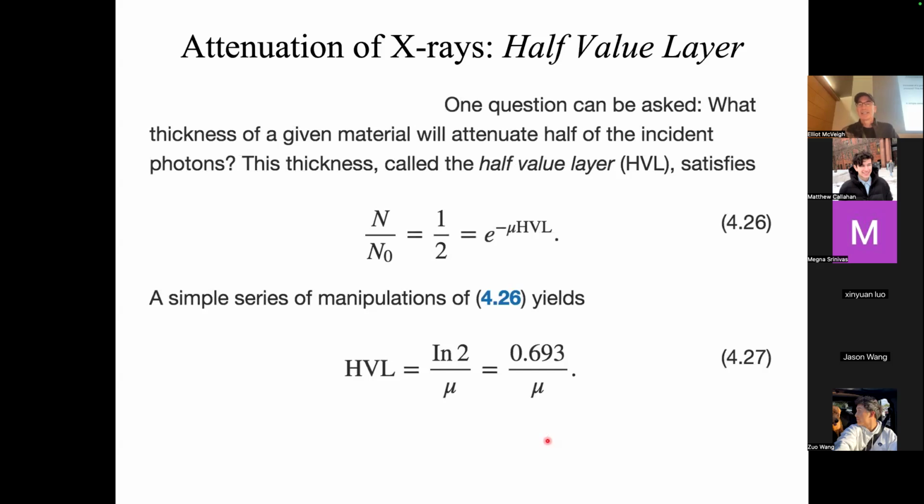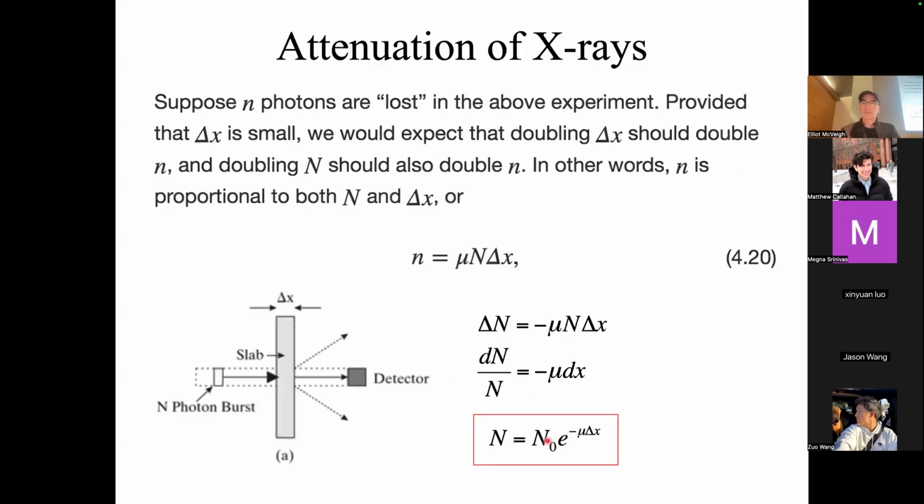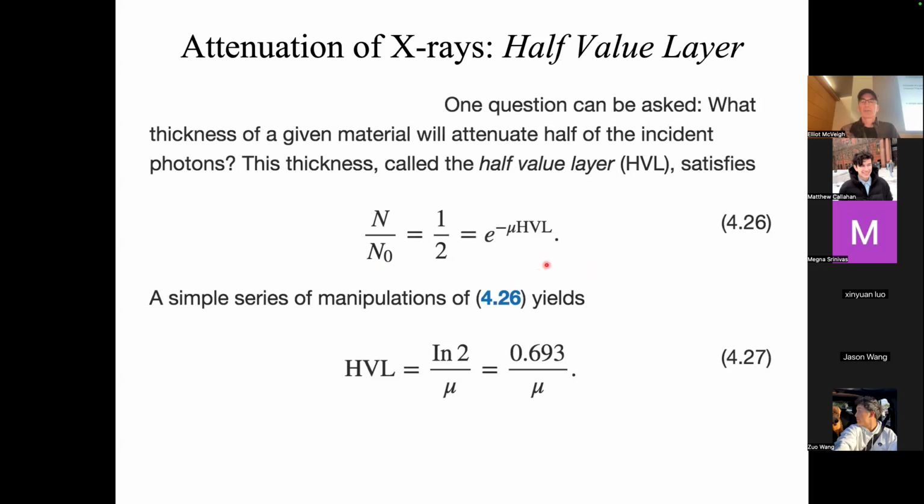Same thing here. It's hard to remember these values because they have strange values like 0.3861 centimeters squared per gram or something like that. So it's hard to remember that. So normally what people in this business carry around with them are half value layers. And so you say, well, how much water do I need to reduce the photons at this energy by 50%?